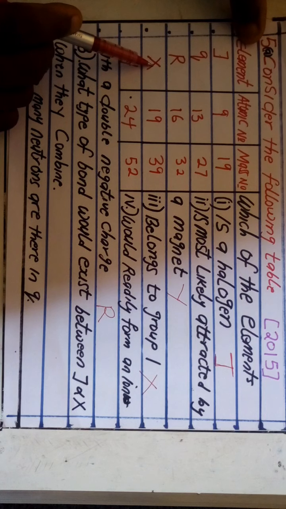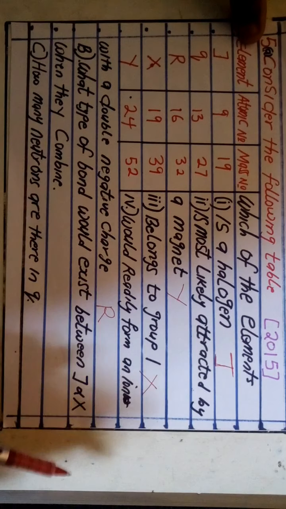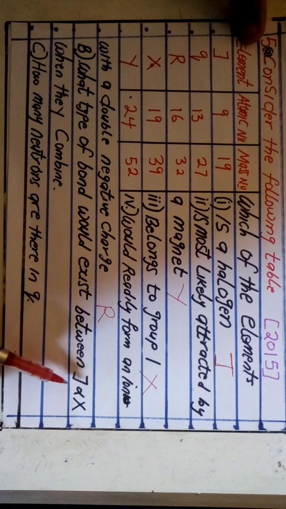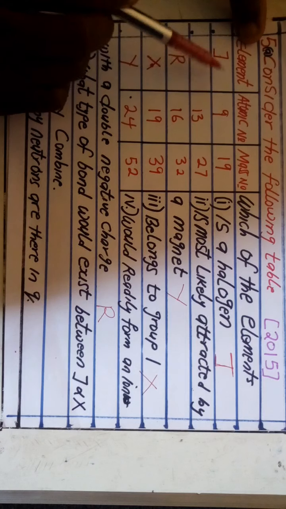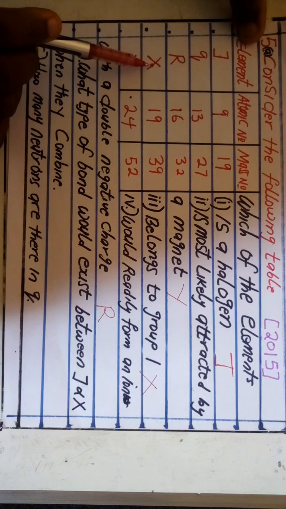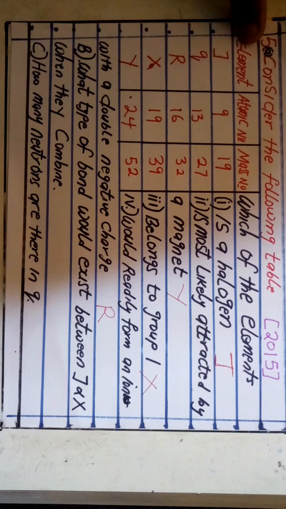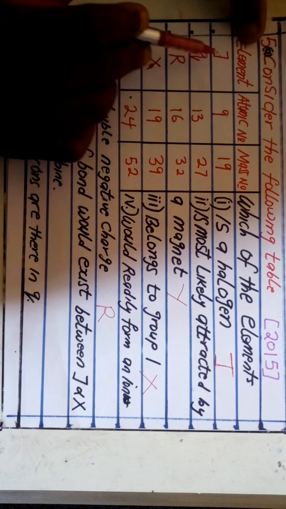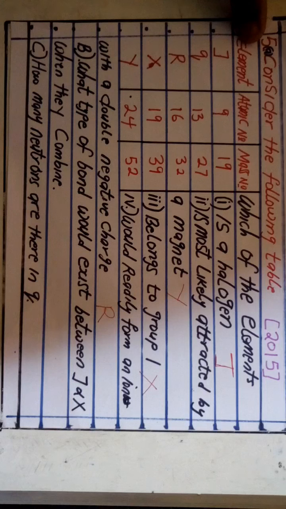So the type of bond that will be formed would be ionic or electrovalent, because it involves a metal and a non-metal.